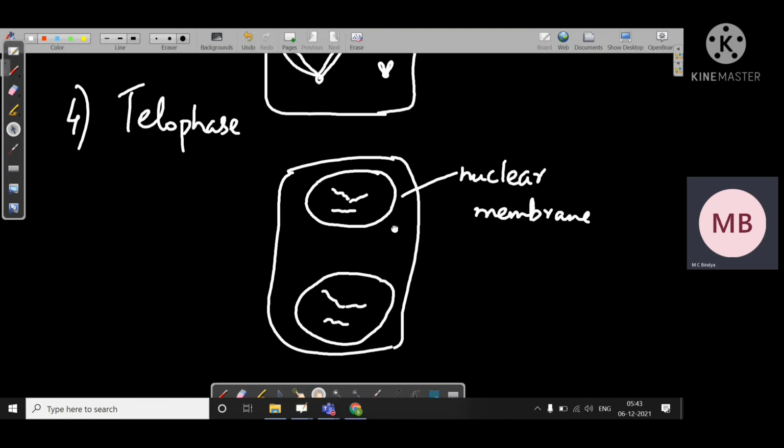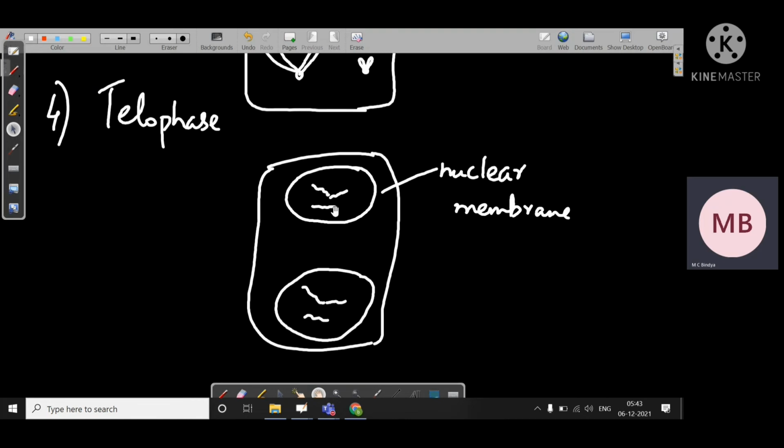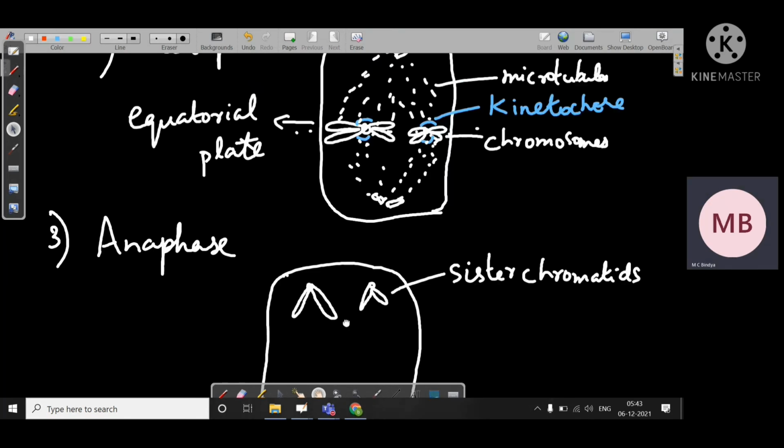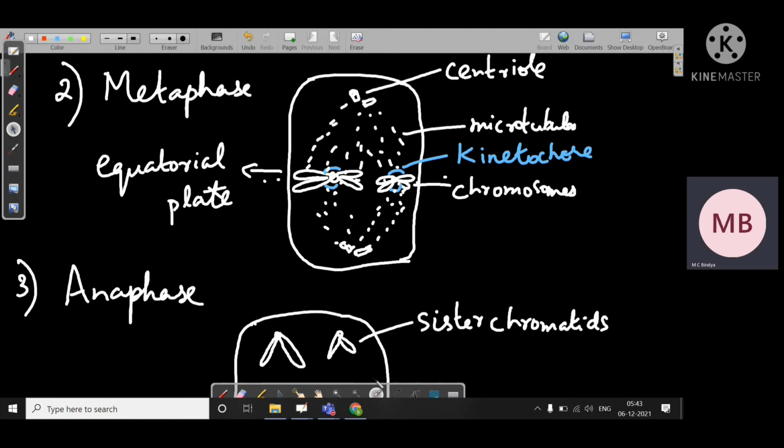At the end of the karyokinesis, if you see this, there are two nuclei in one cell, and each nucleus has two chromosomes. And when we compare with the parent cell, the parent cell has only two chromosomes.